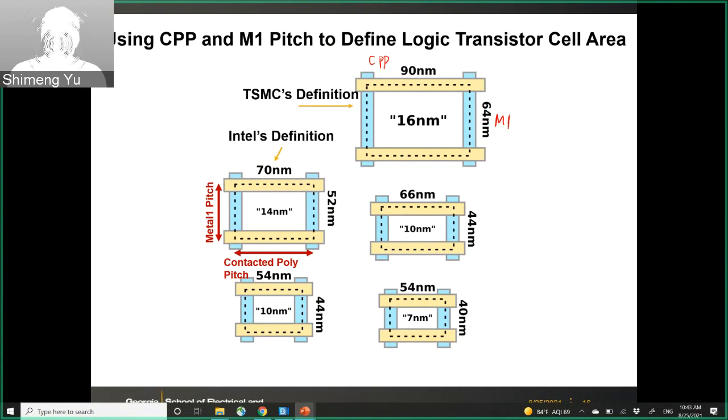So that's why here the tech node, like 40 nanometer, 10 nanometer, means nothing. And Intel's 10 nanometer is getting close to TSMC's 7 nanometer. That's why Intel folks say that TSMC is cheating in the tech node naming. Anyway, I don't want to get into that business. But from the layout point of view, this really determines the density of the transistor.